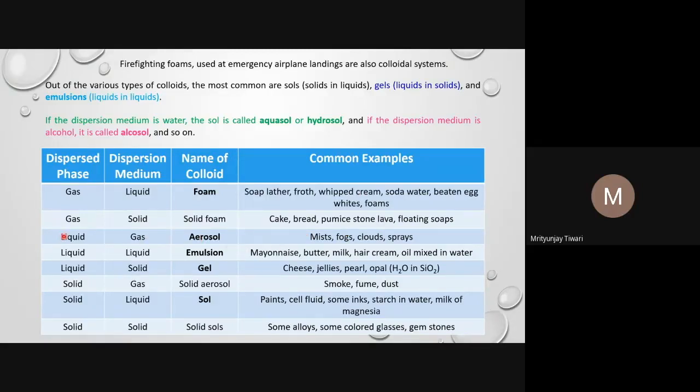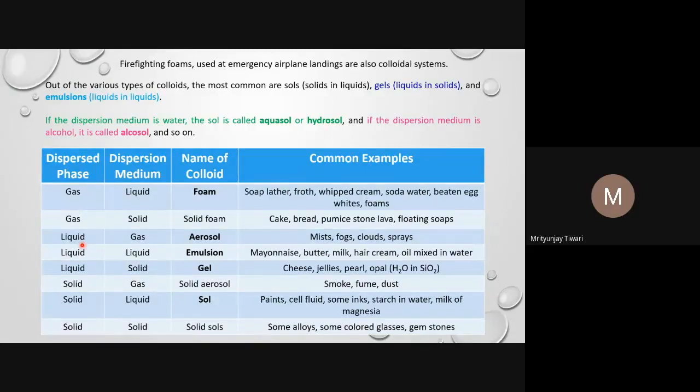Now for liquid as the dispersed phase, it can form colloids with gas, liquid, or solid as the dispersion medium. All these possibilities we are considering. The dispersed phase can be in the gaseous, liquid, or solid state, and the dispersion medium can also be in the gaseous, liquid, or solid state.